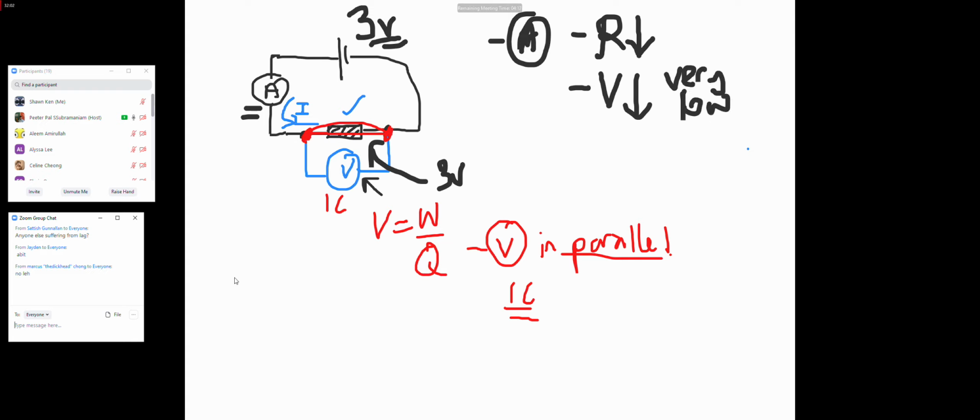We do not count that amount. So if, let's say, the ammeter uses 0.2 volts out of 3, it's not counted, not calculated. So an ammeter must have very low resistance to minimize as much as possible the voltage across it. So the voltage across an ammeter must be neglected. Do not count it.